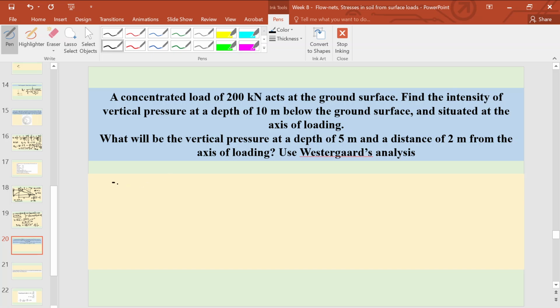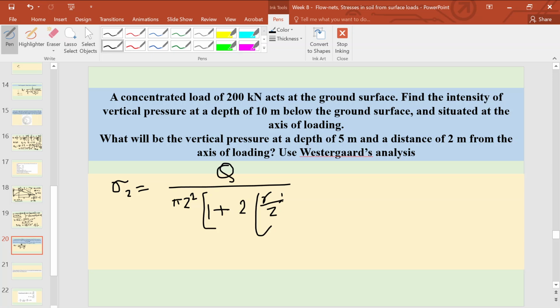So sigma z, what is the formula? Sigma z equals q divided by pi z square, in bracket 1 plus 2 into r by z whole square, whole to the power 3 by 2.